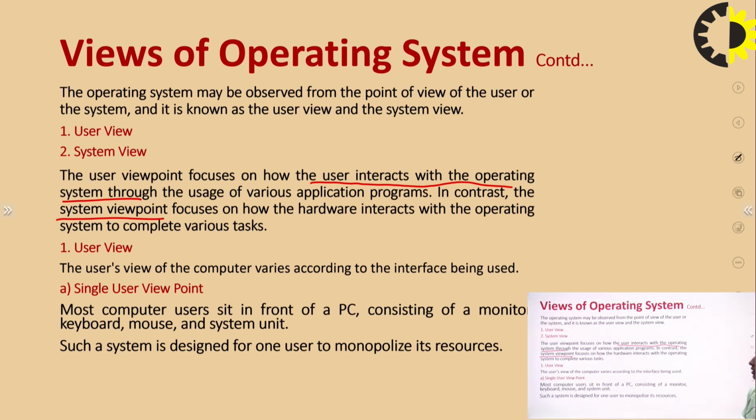Now, in the user view, the user's view of the computer varies according to the interface being used. For a single user viewpoint, most users sit in front of a PC consisting of a monitor, keyboard, mouse and system unit. Such a system is designed for one user to monopolize its resources.